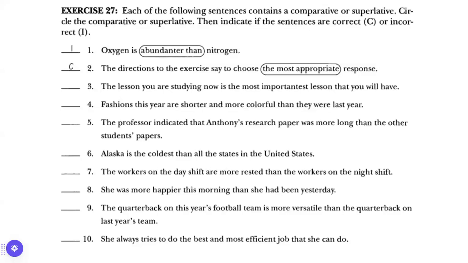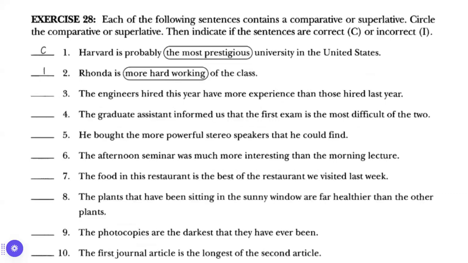"Than" should be "of." Number 7, correct. Number 8, incorrect. We need to omit "more." And number 9 and 10, both correct. Let's do another one. And again, focus on comparatives and superlatives.